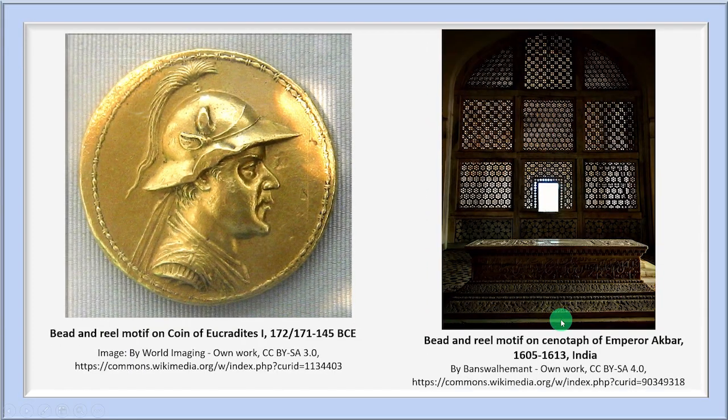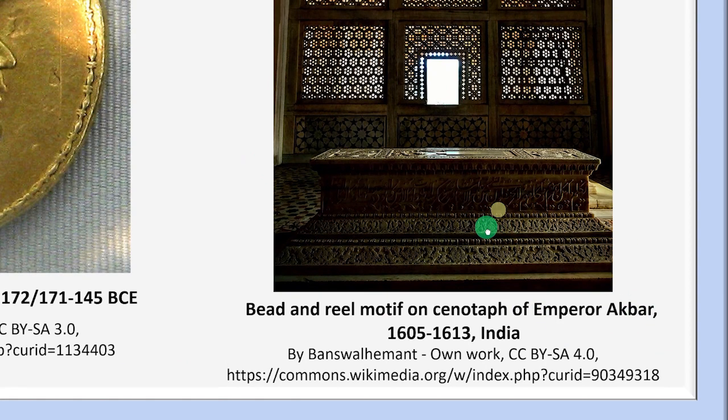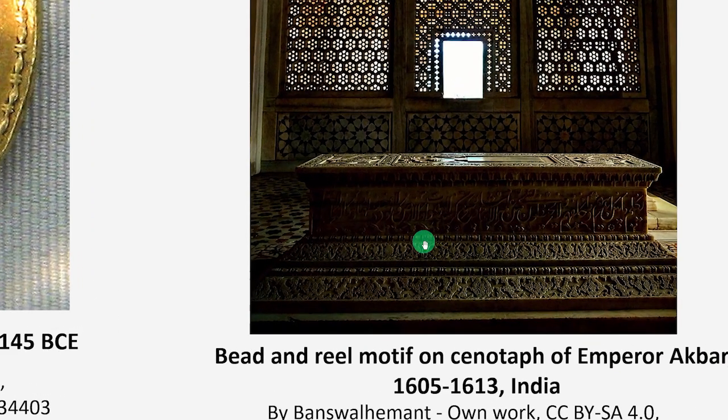And this is bead and reel motif on cenotaph of Emperor Akbar from India. Here you can see the bead and reel motif over here and over here. So during the time of Akbar, European influence had started to come in.